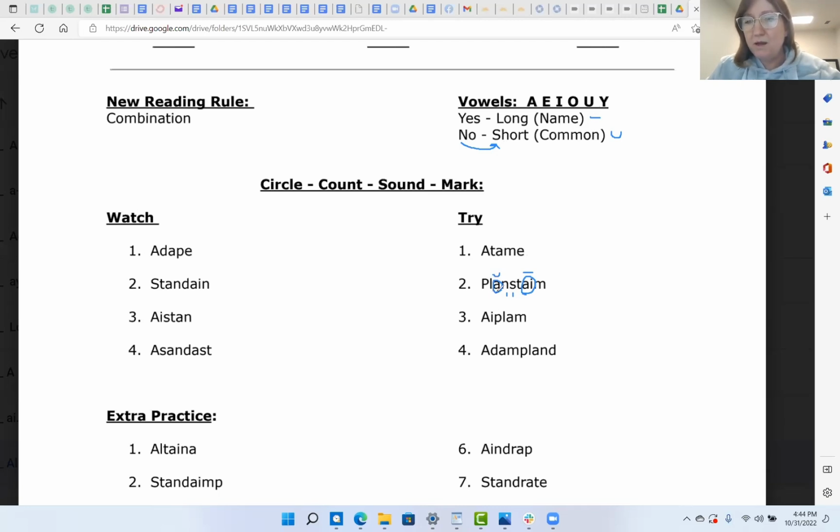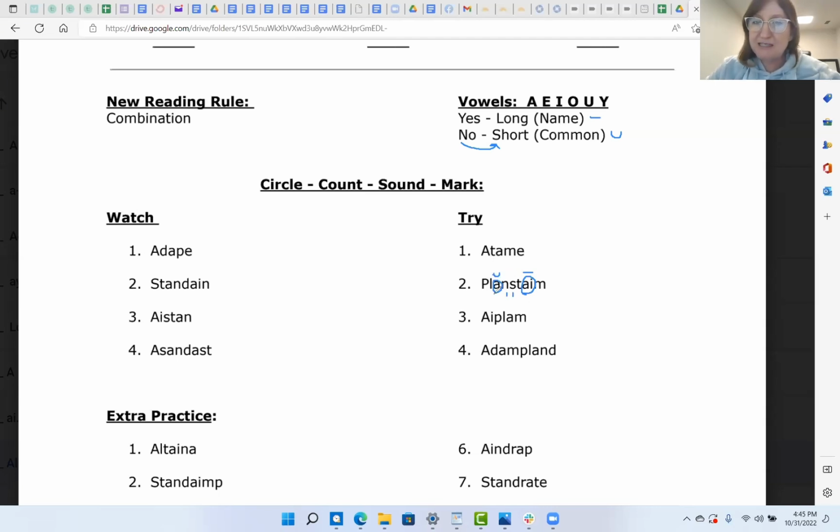So we knew that the AI was going to say A, which is represented by a line over it. If it makes its long sound or its name, it's represented by a line. And we did the tap 2 on this first A. 1, 2. Nope, it's not another vowel. So it's not going to say its name. It's going to say its short or common sound, which is represented by a breve.